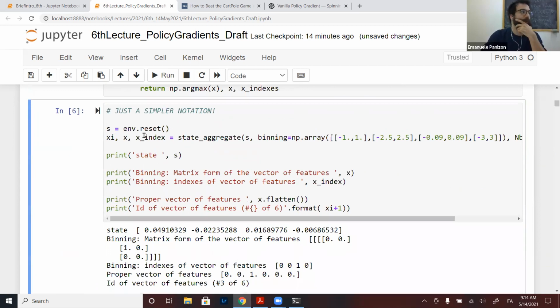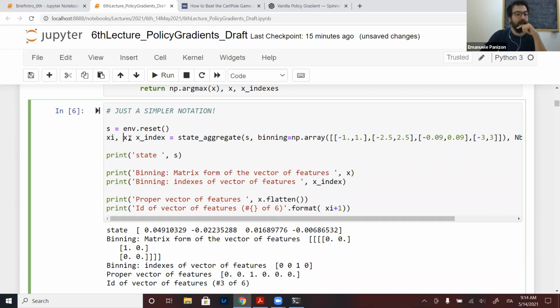Just to introduce the simpler notation we are using today. So S is the state, so the environment is going to reset, so we have this state. And then this function is going to give us 3 objects. The first one, xi, is the one we will use. And it's going to be just an index which tells us whether we are in the 1st, 2nd, 3rd, 4th, 5th, or 6th region.